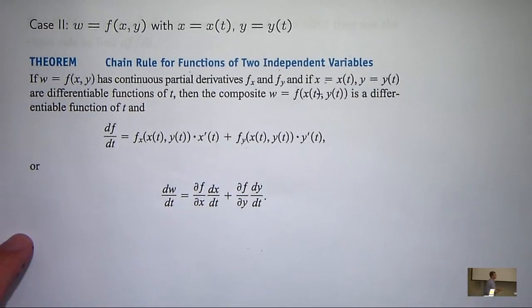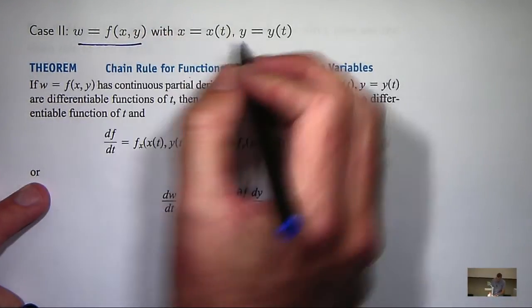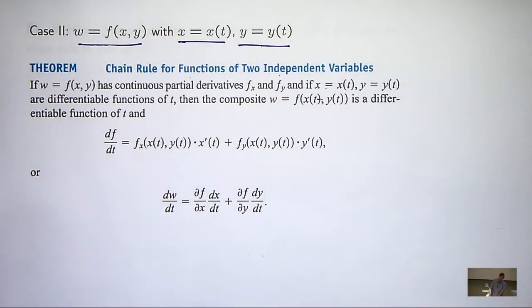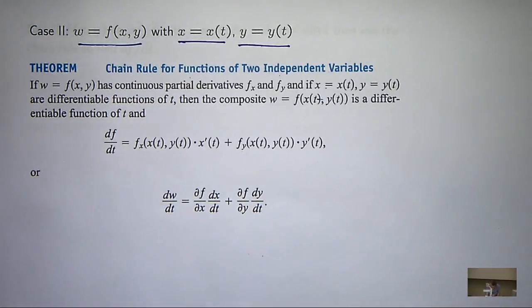All right, so here, the situation gets a little bit more complex. F depends on two things, x and y, and each of those variables depend on t. So the chain rule starts to get a little bit more complicated now. But again, if you just draw the simple diagram that I just showed you, it's very easy to derive.